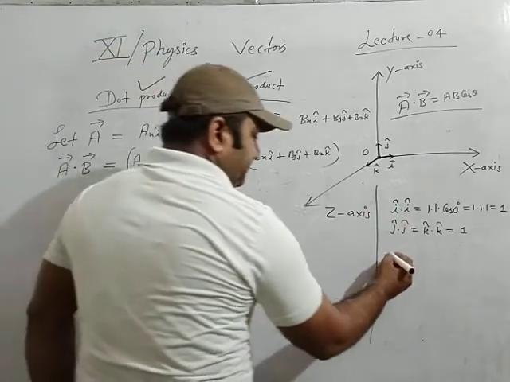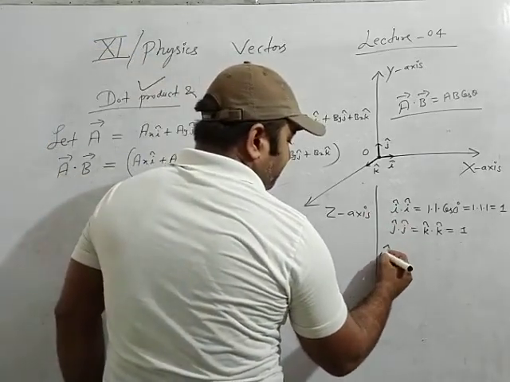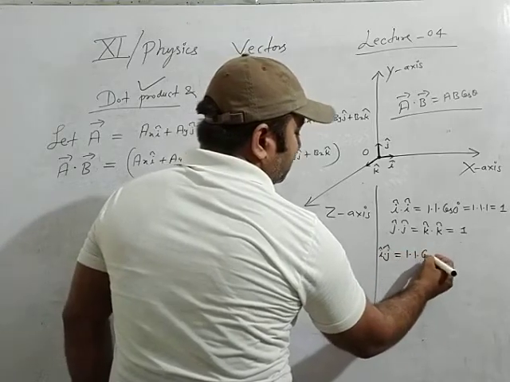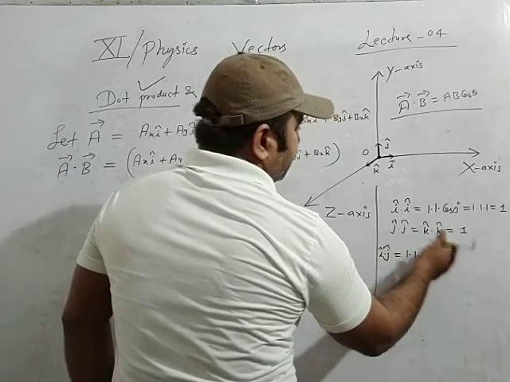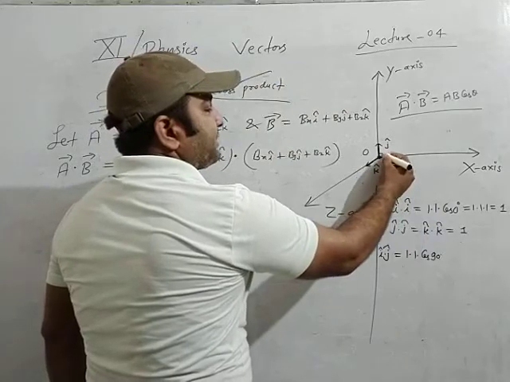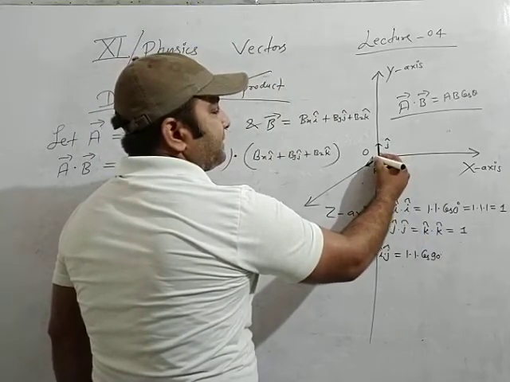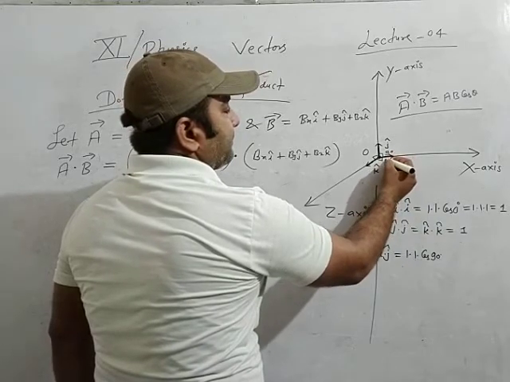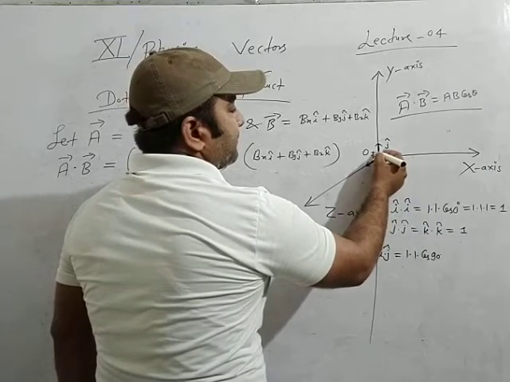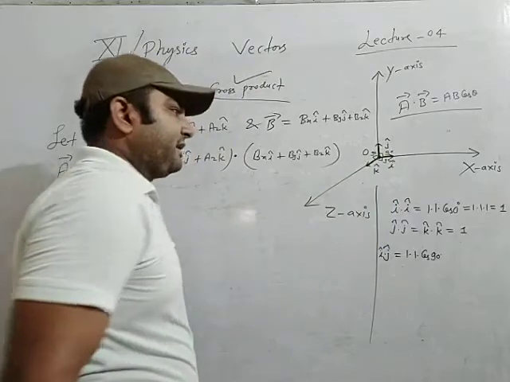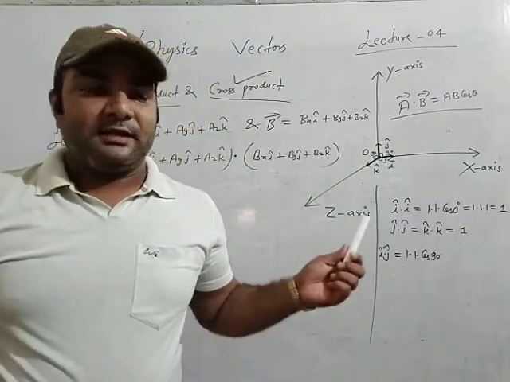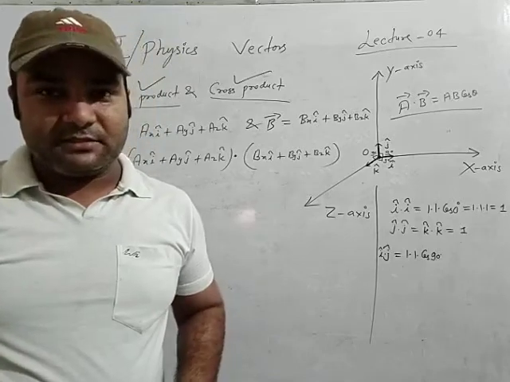So we will use the concept of i dot i, j dot j, k dot k. But i dot j is 1 into cos 90 degree, because i and j act at a 90 degree angle. All three axes, x axis, y axis and z axis, are at 90 degrees to each other.